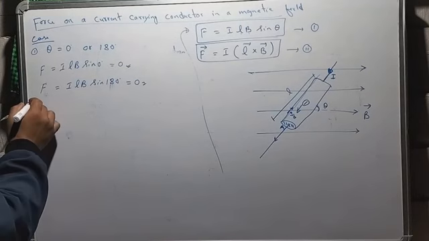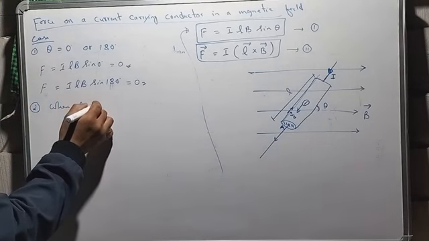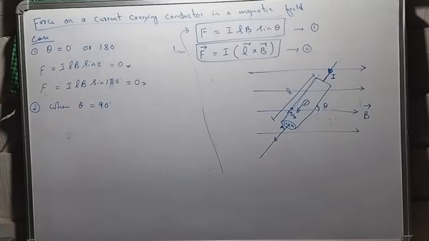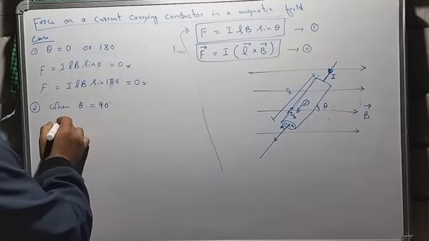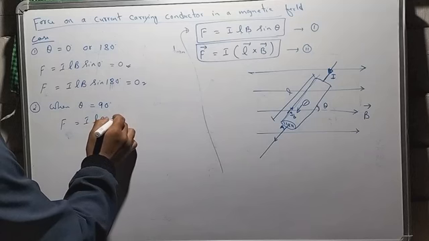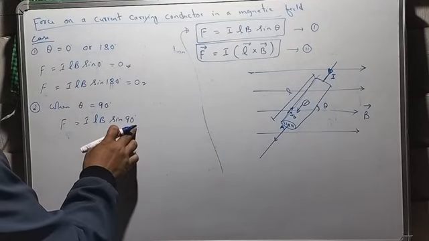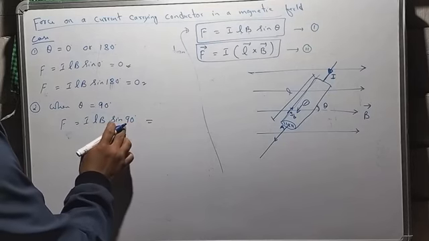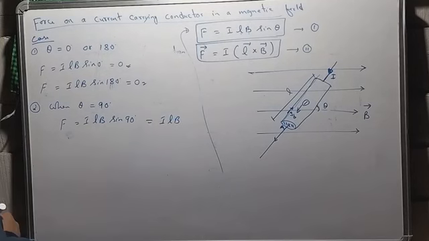The second case is when theta is equal to 90 degrees. Equation 1 becomes F = ILB sin 90 degrees. You know sin 90 is equal to 1, so 1 times ILB is ILB.